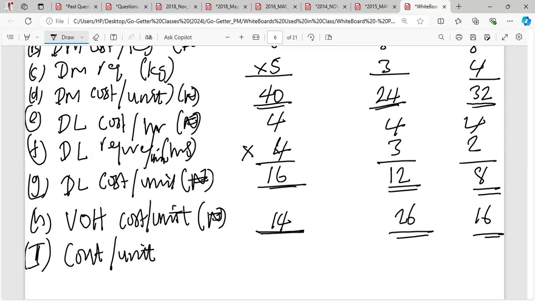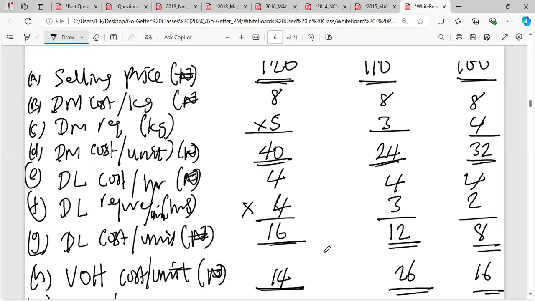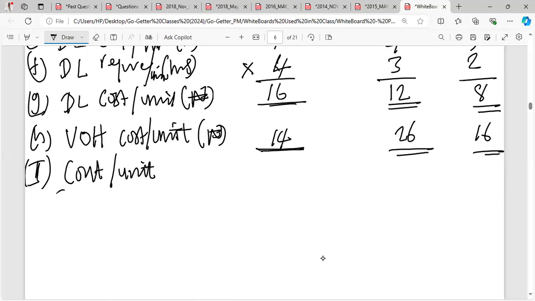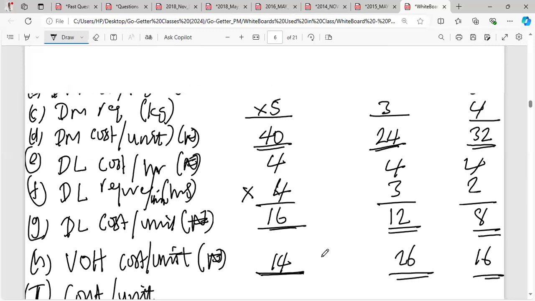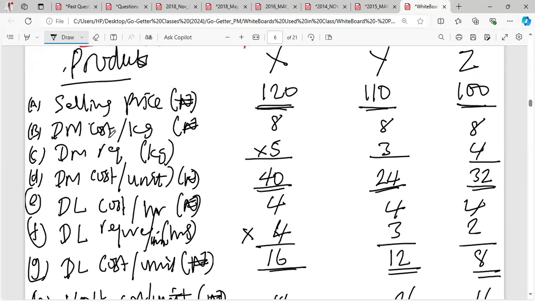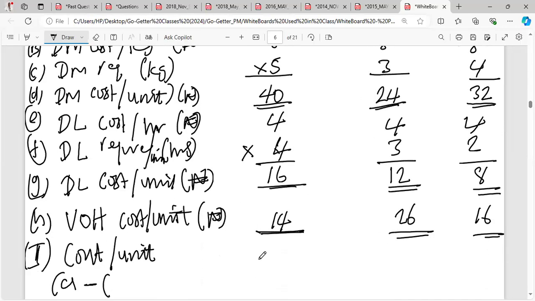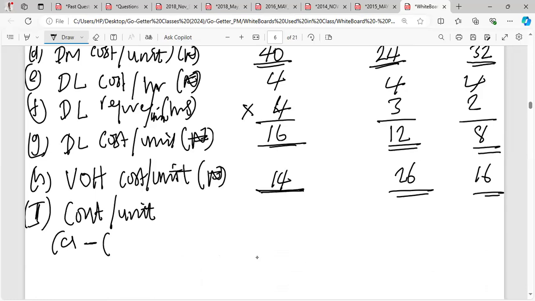So our contribution per unit is going to be A minus D, G, and H. When you add these together, you minus it from A.